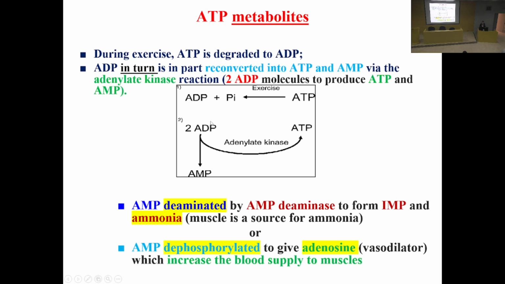Or it can be hydrolyzed more and we obtain AMP, adenosine monophosphate. This AMP can be deaminated, where we remove the amino groups, so this leads to the formation of ammonia. Or it can be dephosphorylated, we remove the phosphate group and we obtain adenosine. And this adenosine is a vasodilator component. It's clear?